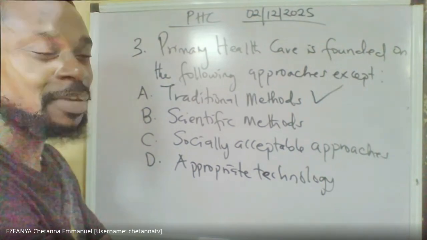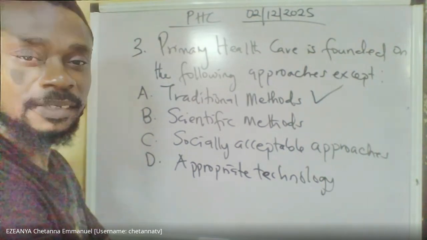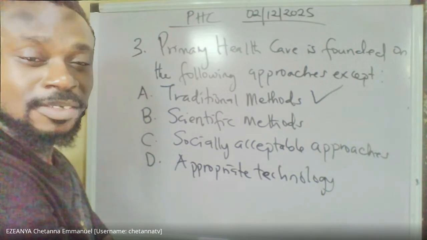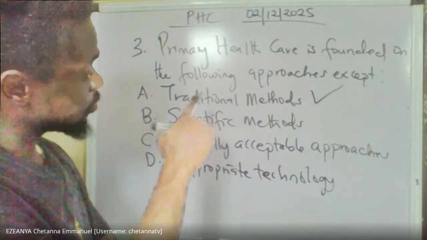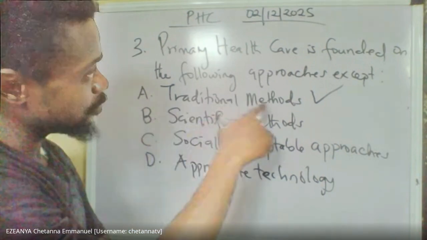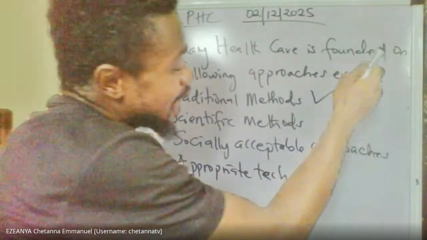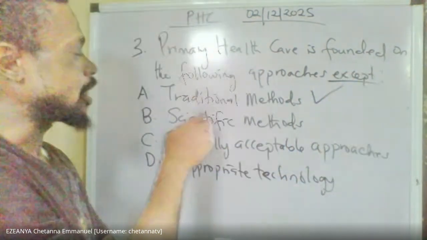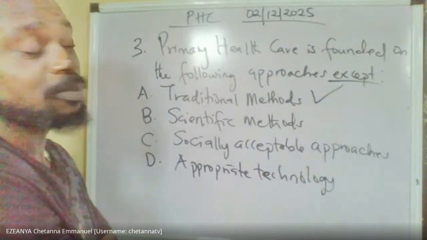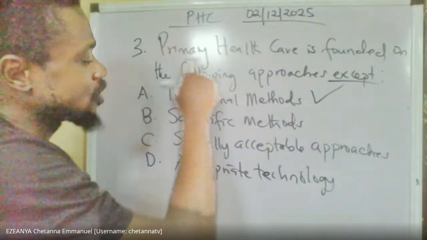It's not based on what you believe or feel. You remember the question says except. That's why traditional method is the answer, because primary health care is not built on traditional methods.